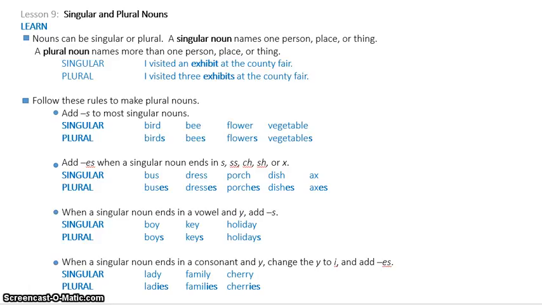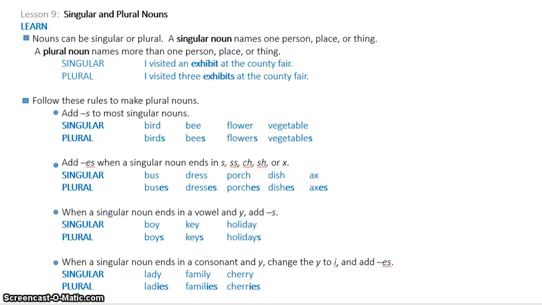Let's take a look at what we're going to be talking about. Nouns can be singular or plural. A singular noun names one person, place, or thing. A plural noun names more than one person, place, or thing. Singular: I visited an exhibit at the county fair. Plural: I visited 3 exhibits at the county fair.